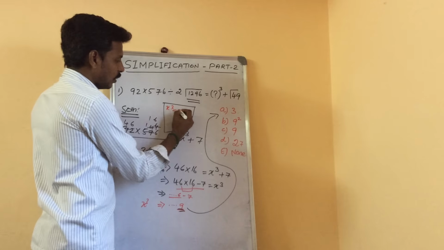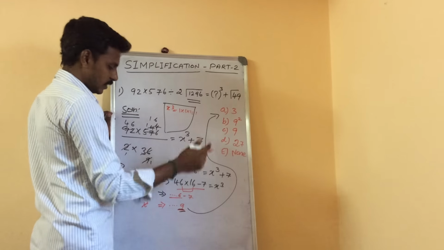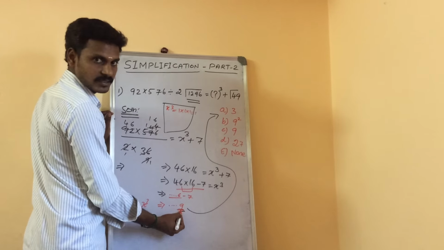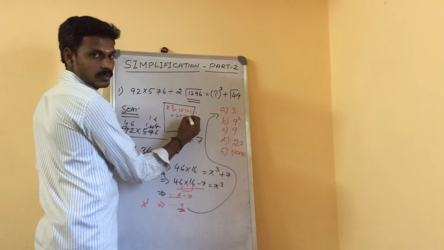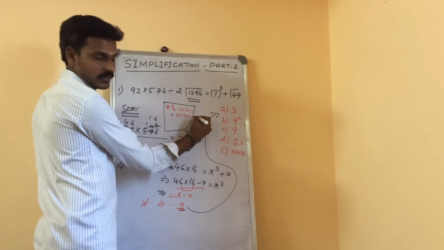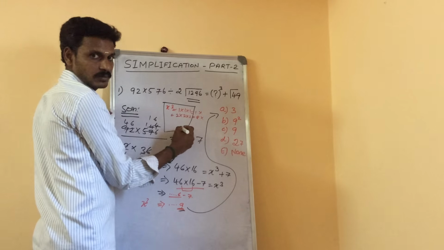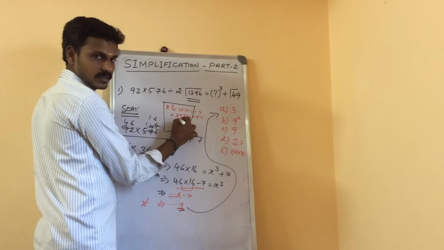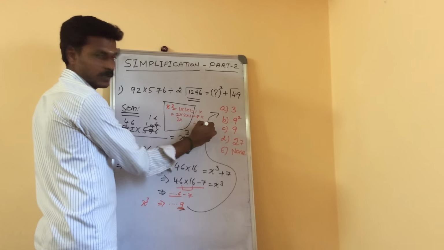Take 1 into 1 into 1, the answer is 1. But our target is last digit 9. If it is 2, 2 2s are 4, 4 2s are 8, so it is not possible. If it is 3, 3 3s are 9, 9 3s are 27, so the last digit is 7. So it is not possible.